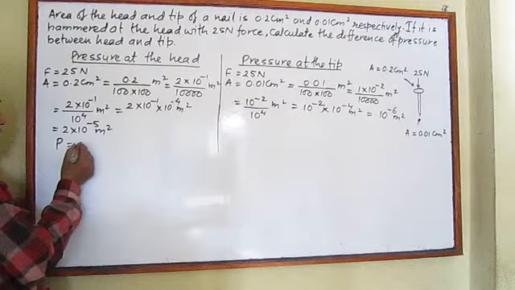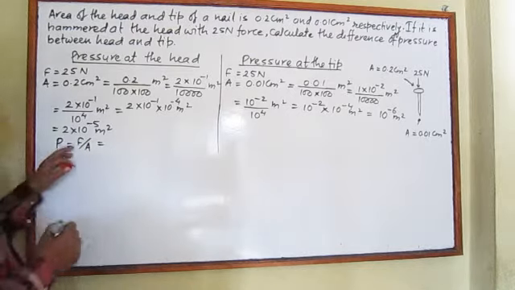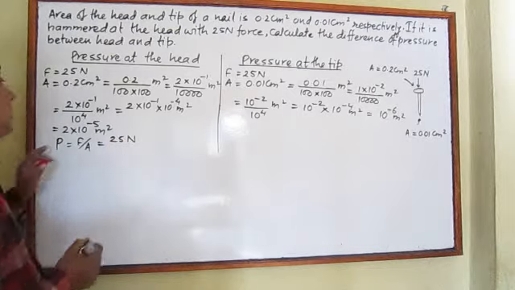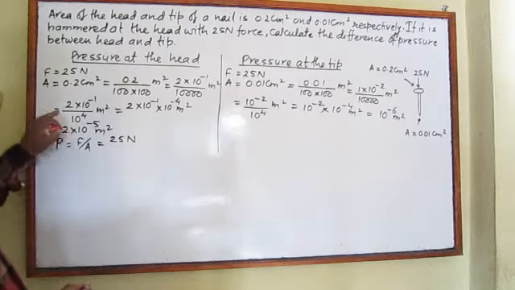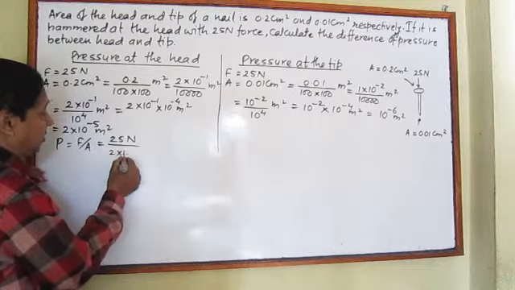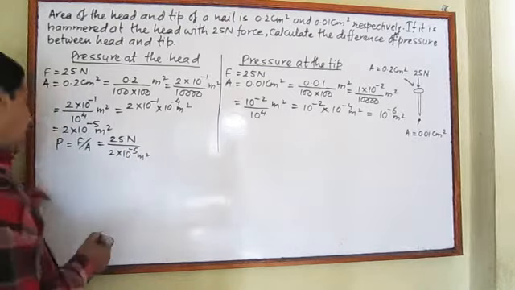Pressure equals force by area. Now what is the value of force here? 25 Newton. And what is the value of area here? It is 2 into 10 to the power minus 5 meter square.